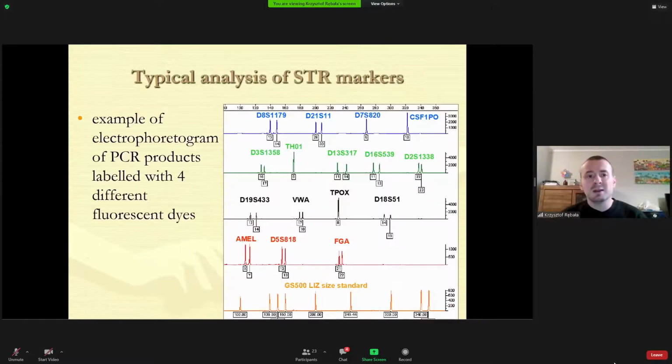And here is an example of an electropherogram of PCR products labeled with 4 different fluorescent dyes. So here you can see the peaks.